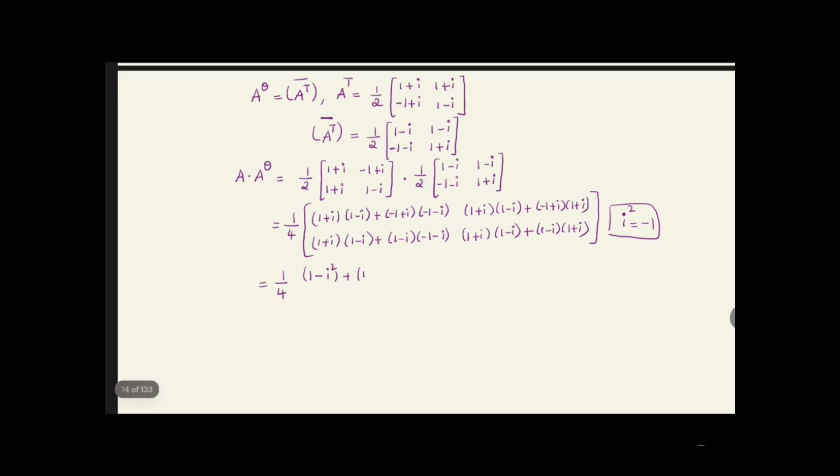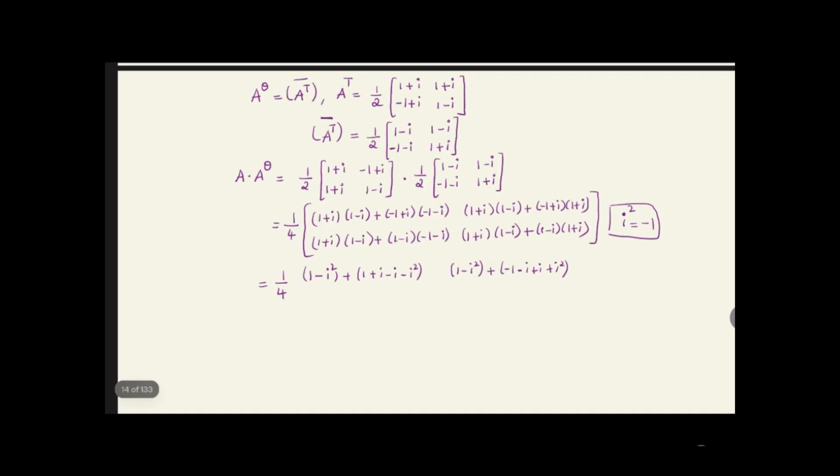Okay, here it is 1 plus i minus i minus i square. Coming to the second element, it is 1 plus i into 1 minus i, that is a plus b into a minus b, a square minus b square, that is 1 minus i square, plus minus 1 minus i plus i and plus i square.